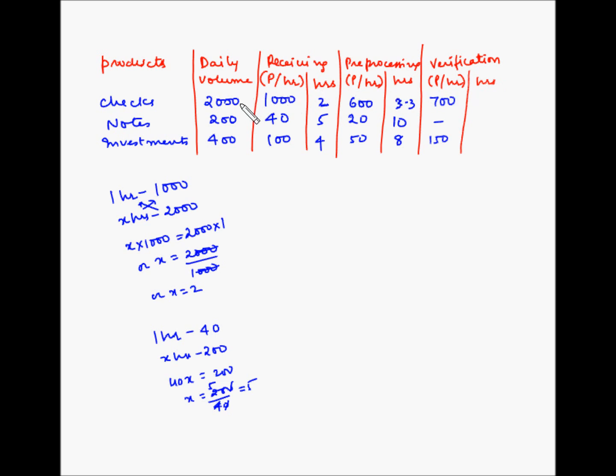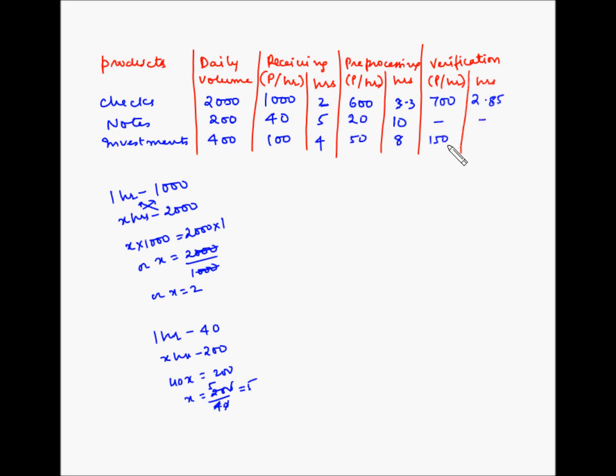So 2000 documents divided by 700 documents per hour will give us 2.85 hours. This we can leave as blank.